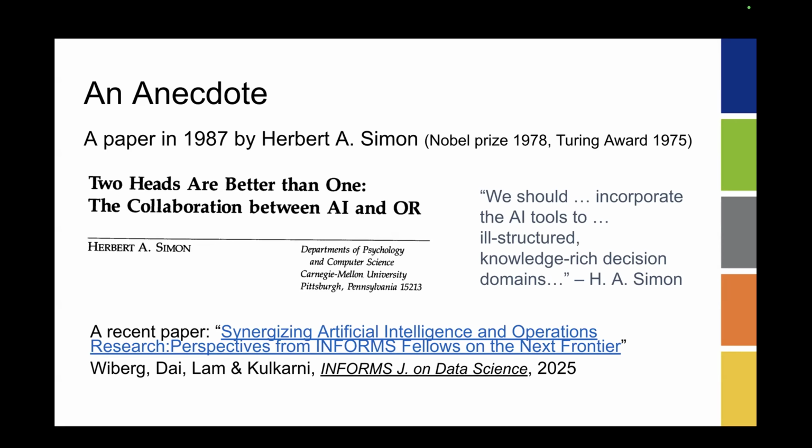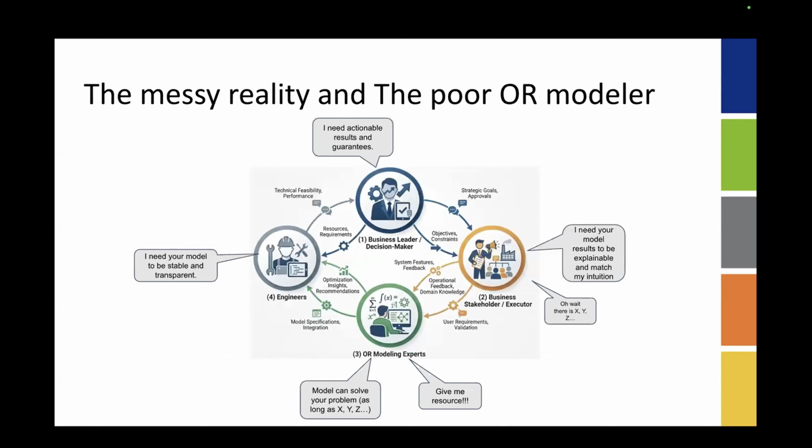Recently there is also a lot of interest in academia, where I have this recent paper in mid 2025 talking about merging the research of AI and OR, or combining them. Those same topics resurface after like 40 years.